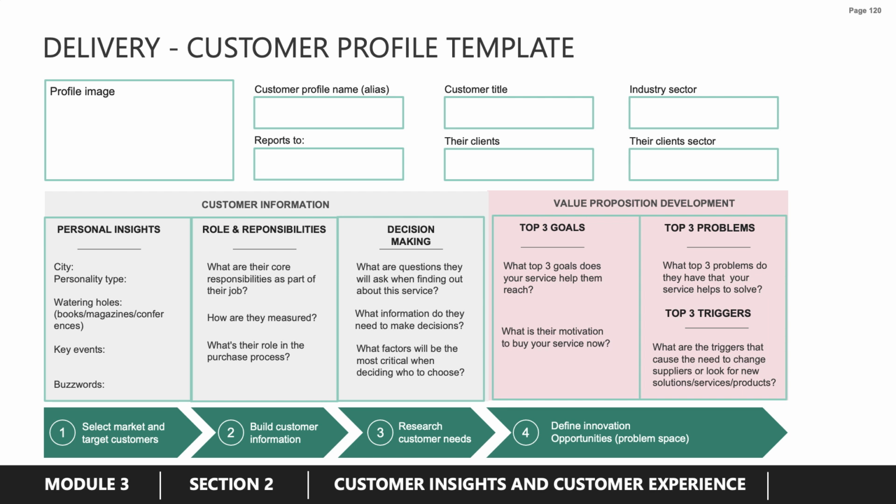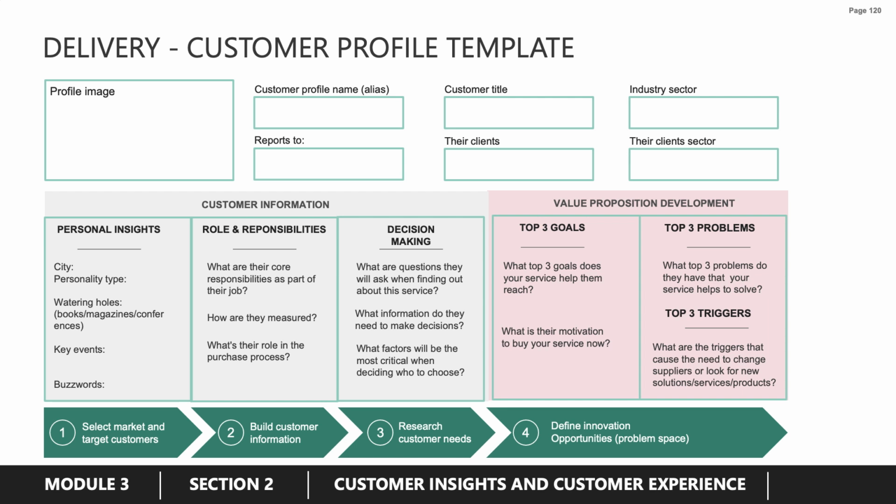Now, moving on from that, we've got very much a profile of the customer, how they sit within the business, and possibly who else is involved in that process. But that's not enough. We need to go further. And to develop a value proposition, what we're really looking for is to understand their goals. What do they want to achieve? What's their motivation to buy a service?